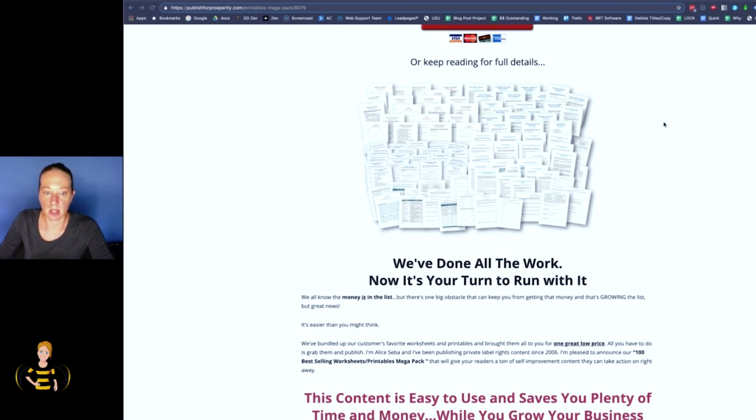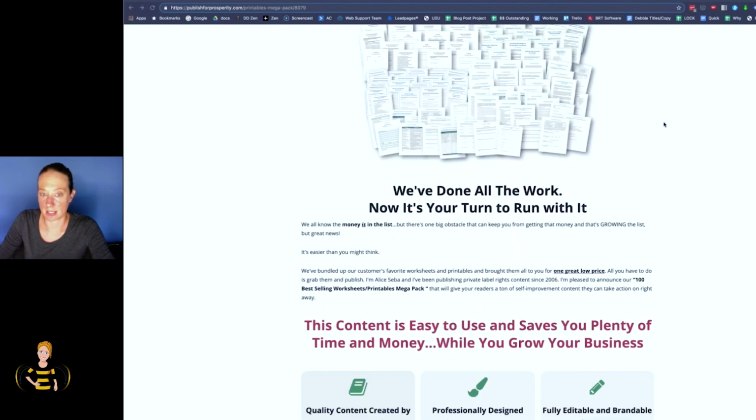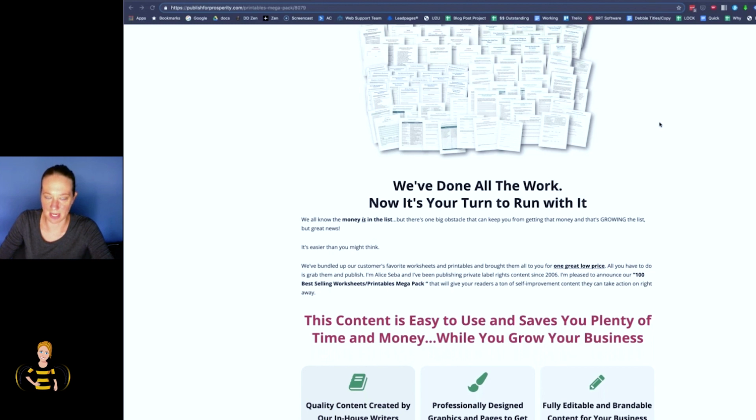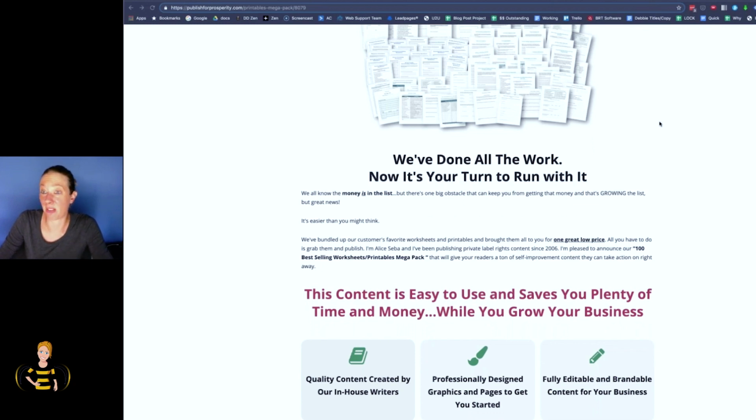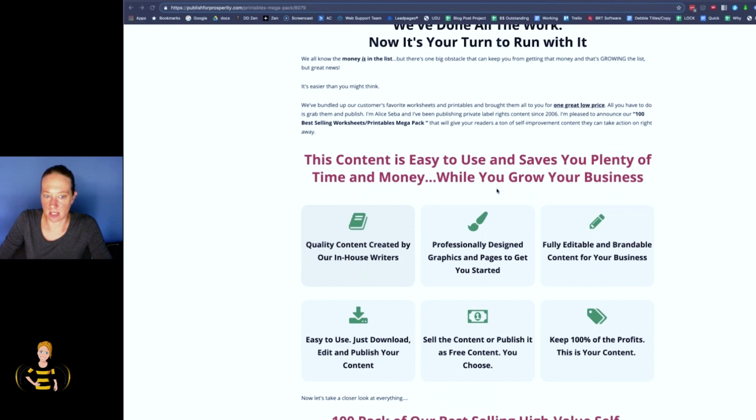And having this kind of process, having this mechanism in your business where you have the content that you can help other people with, just adds a lot of value to your business. And as it says here, the content is easy to use and saves you plenty of time and money while you grow your business. And that's completely accurate.